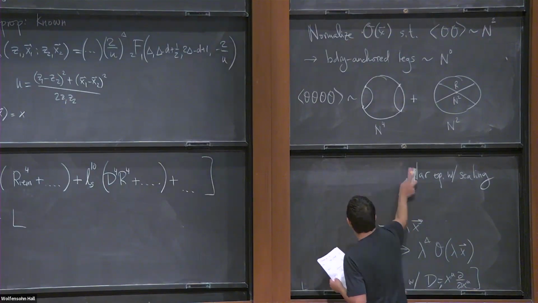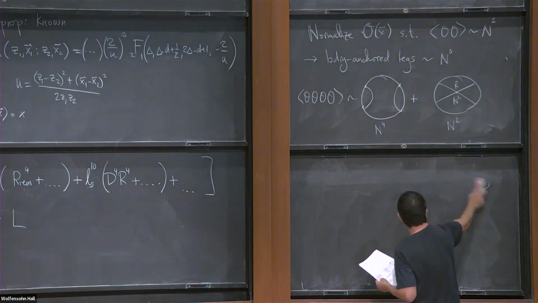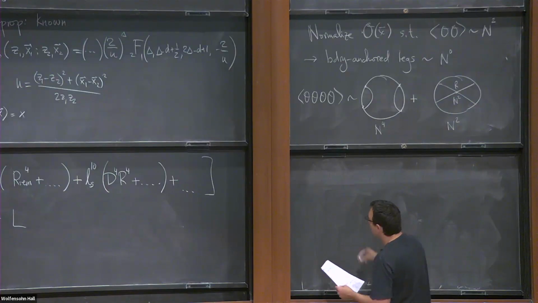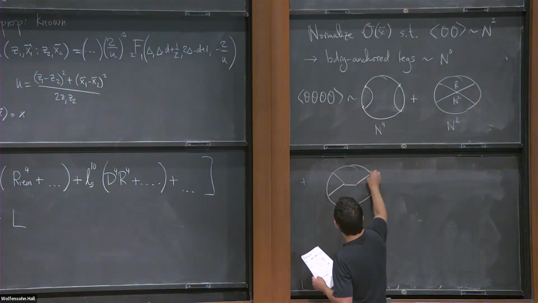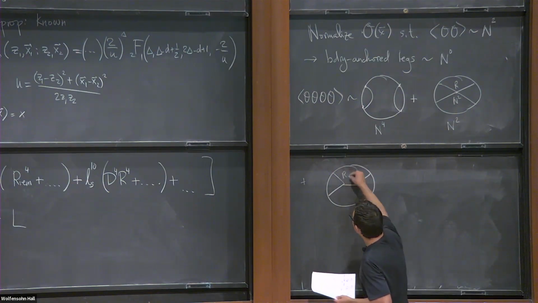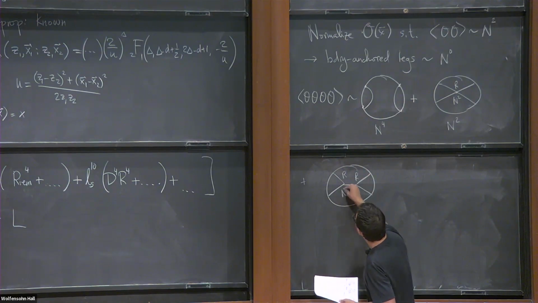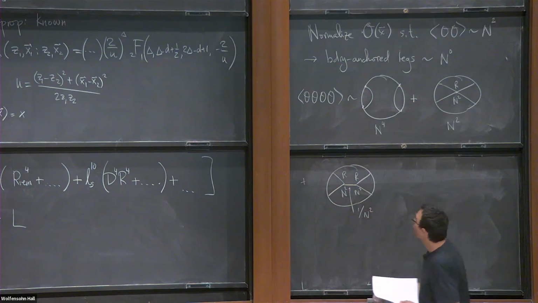An exchange diagram was mentioned, so we can do the scaling of that too. For the exchange diagrams, it will look like that. Again, if the vertices come from the Einstein-Hilbert action, then each vertex scales like n squared, but there's one propagator in the middle that scales like 1 over n squared. So overall, this would also scale like n squared.